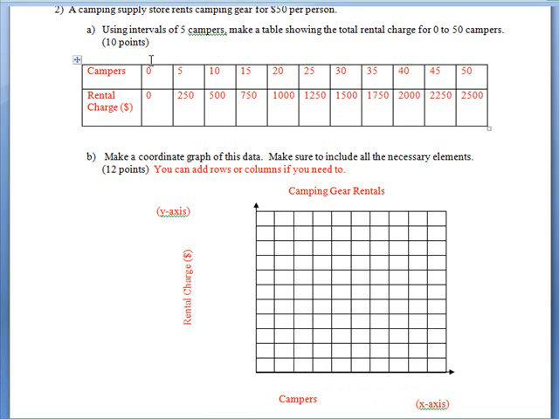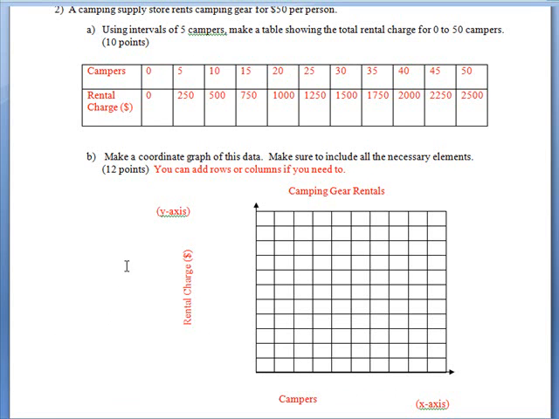Well, we have some numbers laid out here in the table, and they're consistently going up by the same amount every time. So since they're increasing by the same amount, we can actually put those numbers right down on our x-axis.